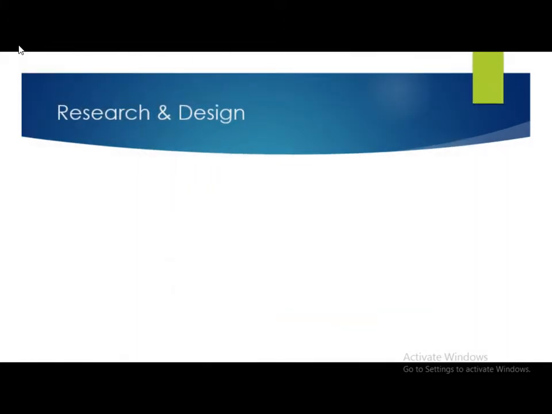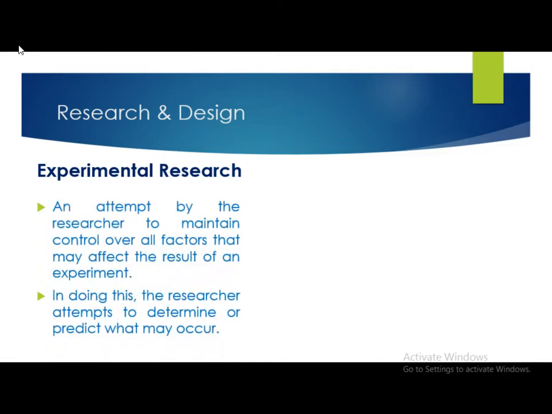Moving on, now we will understand experimental research and experimental design, the difference between research and design. First, we will start with experimental research. It is an attempt by the researcher to maintain control over all the factors that may affect the result of an experiment.